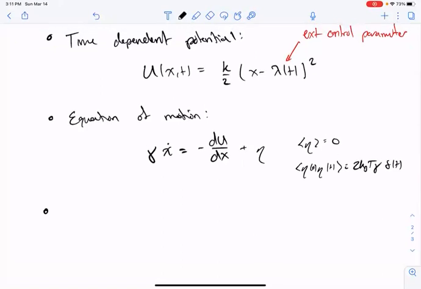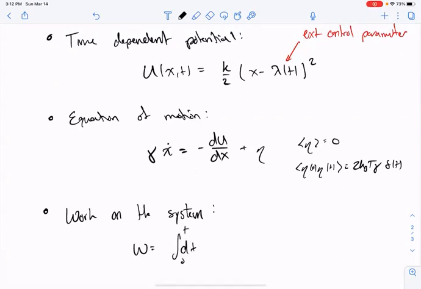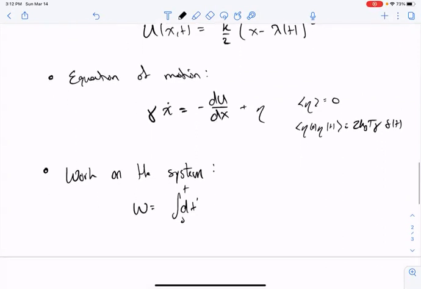So by manipulating lambda, we can do work on the system. And we can write down that work as an integral from 0 to t, the work rate given by the rate of change of lambda, and how lambda changes the potential energy.